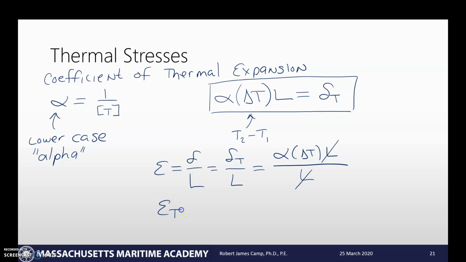And so our thermal strain is nothing more than just alpha delta T. Which, as we talked about a little bit earlier, is unitless. One over centigrade times centigrade, or one over Fahrenheit times Fahrenheit, just gives you this unitless parameter.